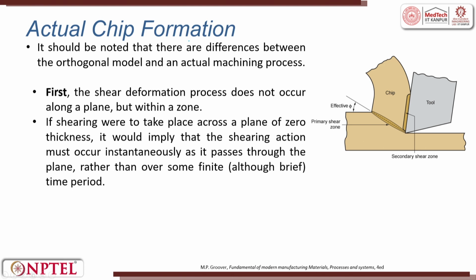The actual chip formation we will see. It should be noted that there are differences between the orthogonal model and the actual machining process. All the models we explain here are orthogonal, but in real time it is all oblique. First, the shear deformation process does not occur along a plane, but along a zone.